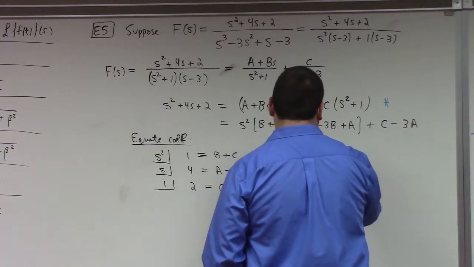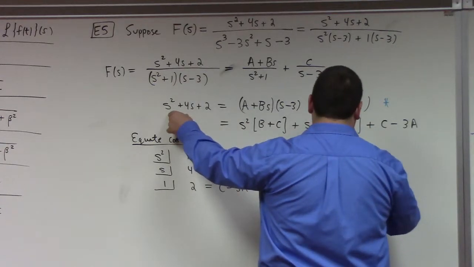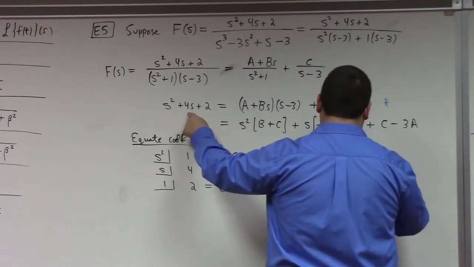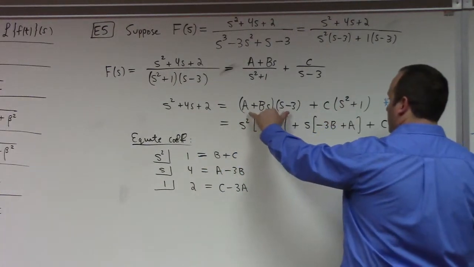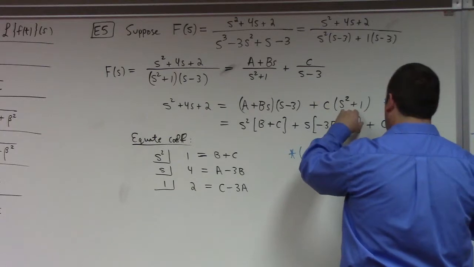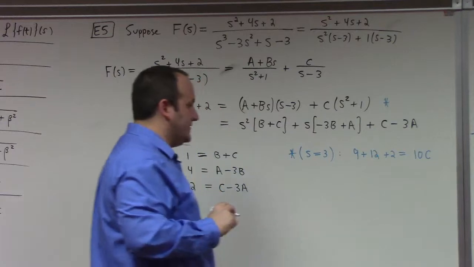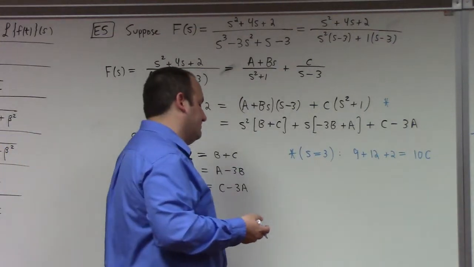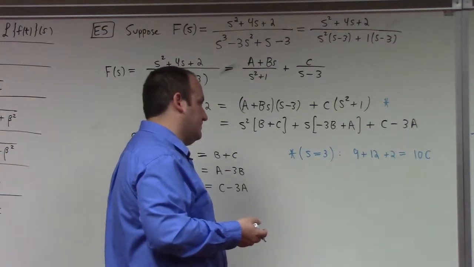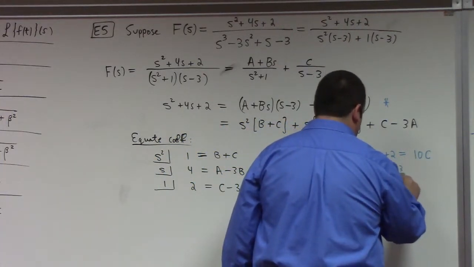S equal to 3 gives us 9 plus 12 plus 2 equals 0 and 10c. See, that's pretty nice, what I wrote in blue, because that gives us the solution for c without doing much algebra at all. So c is equal to 23 over 10.